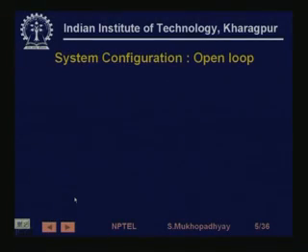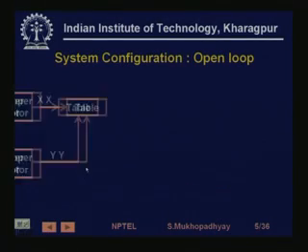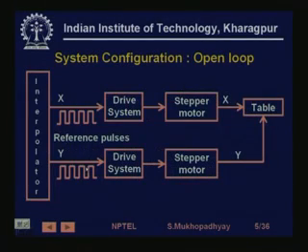That is the complicated part, and we will look at that mainly, in fact almost solely. Typically there are two kinds of configurations used for smaller systems. With less critical requirements we use open loop systems.